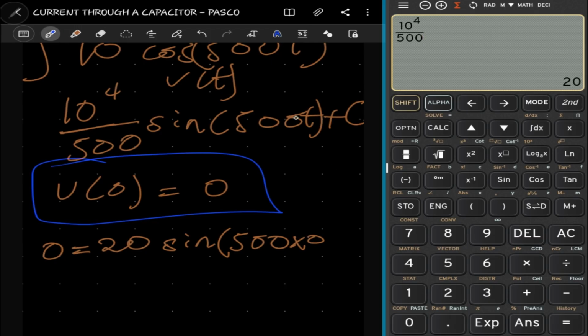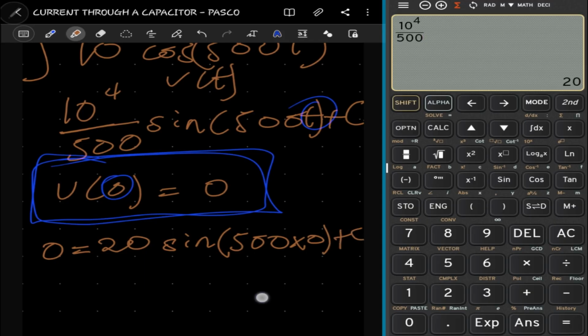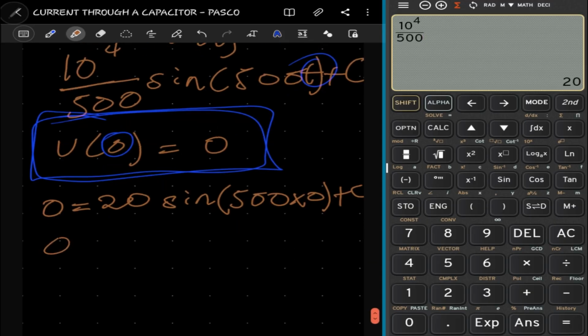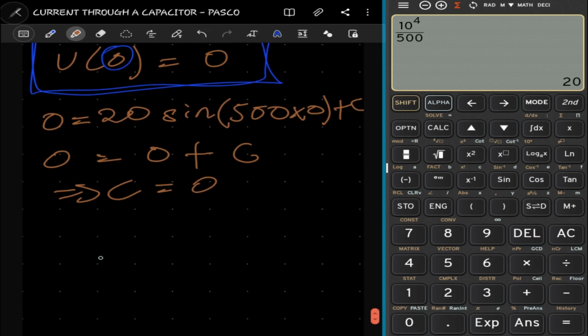So when this t is 0, because you're applying this boundary condition, and then the 0 here is a t, plus c, right? So plus c, so that will mean that 0 is equal to 0 plus C, this implies that the C is 0, right? So that clearly gives us that the voltage function is this, right?